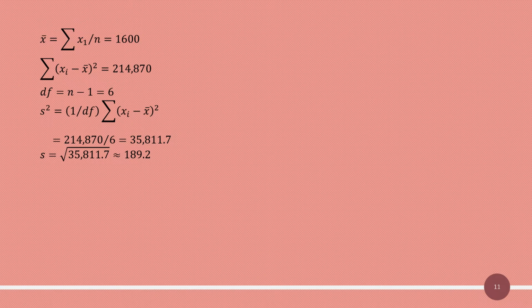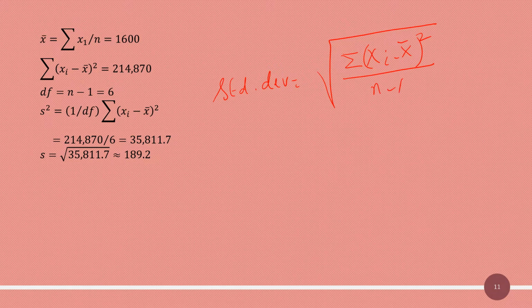The standard deviation is the square root of the sum of (xi minus x bar) the whole squared, divided by n minus 1. When you remove this radical sign, that becomes the standard deviation squared.